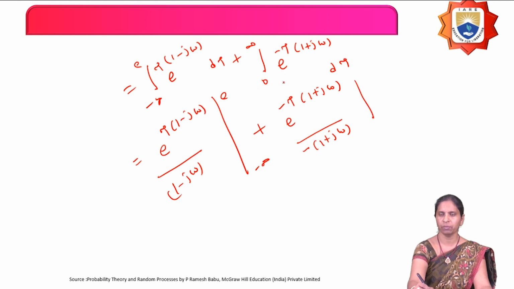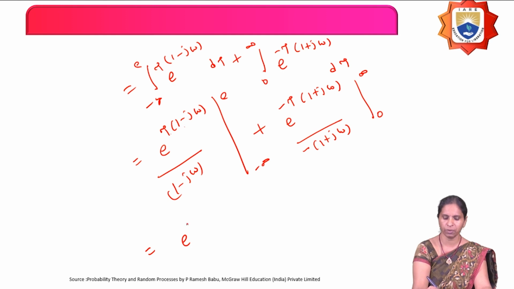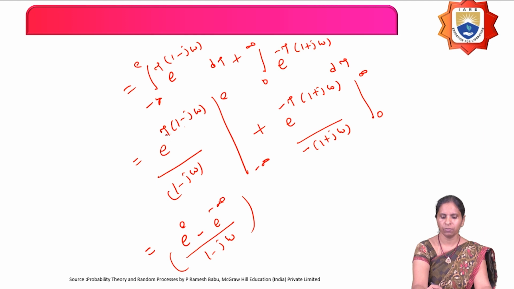And what are the limits of tau here? From 0 to infinity. Now substitute the upper and lower limits. What happens here? At the upper limit, e power 0 is 1, so we get e power 0 minus e power minus infinity, divided by 1 minus j omega, because the tau value at the lower limit is minus infinity.